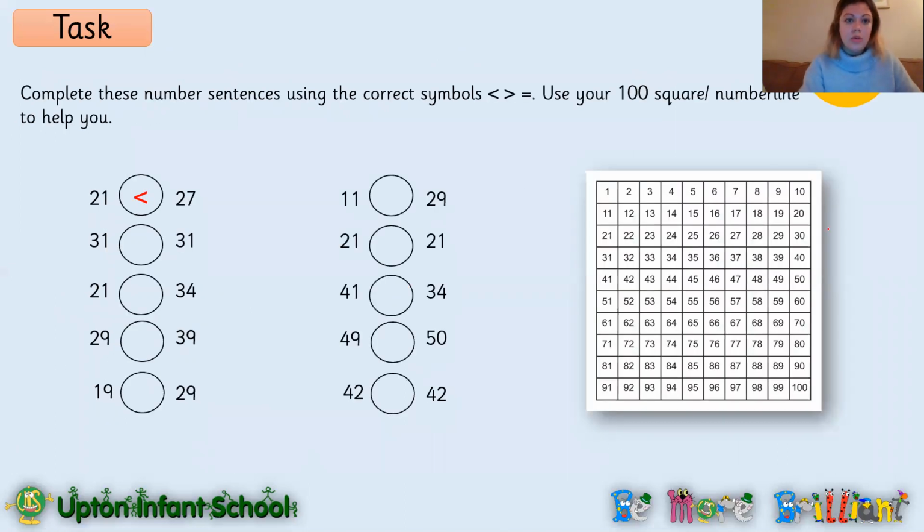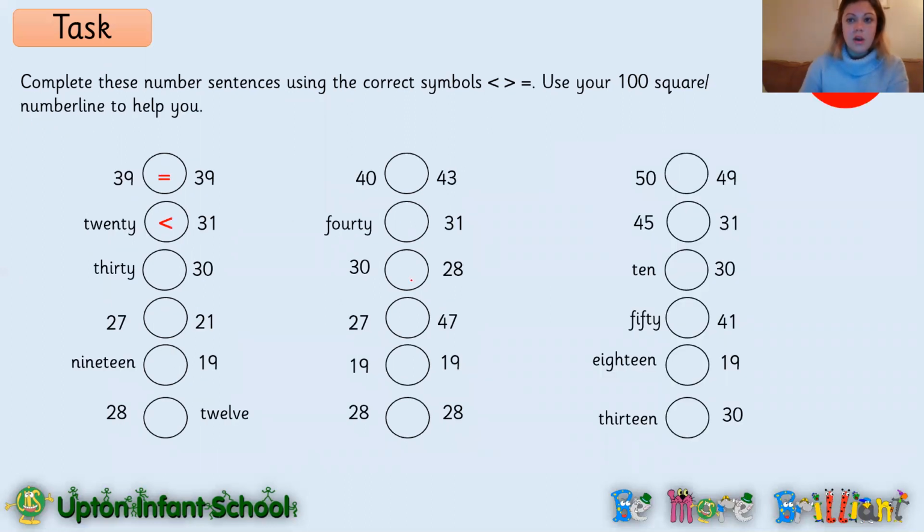If you want to do your yellow challenge first, then same again, this will take you about 20 minutes and you can pop your answers in your home learning books or practice on your whiteboard first. And there's also a 100 square on the screen just in case you don't have yours on you.